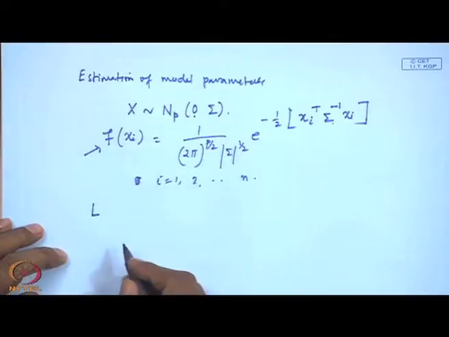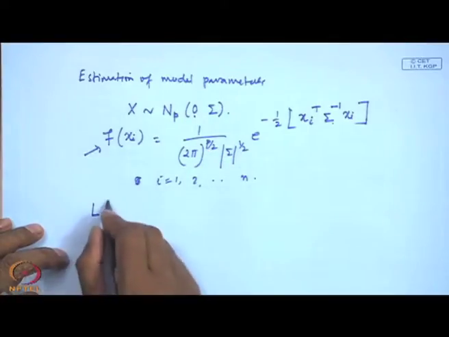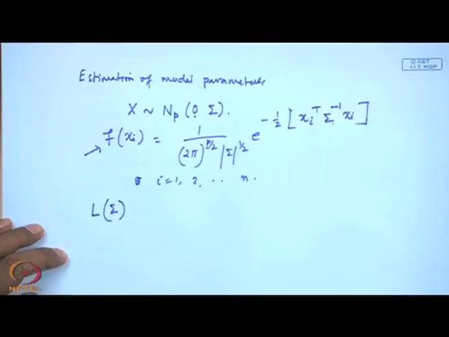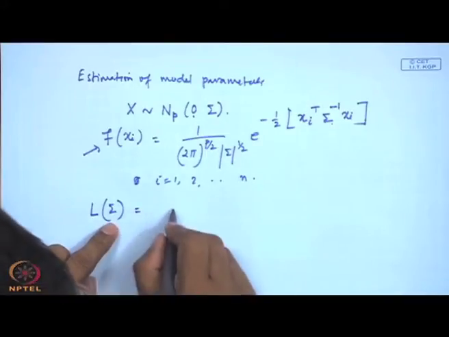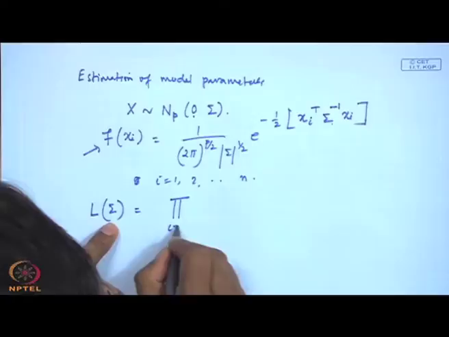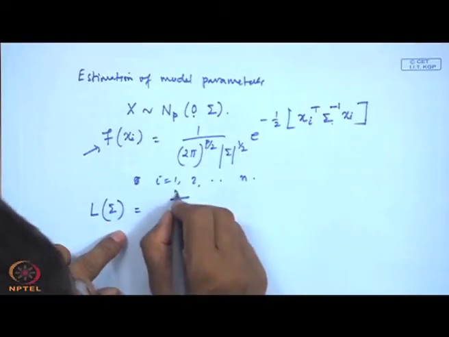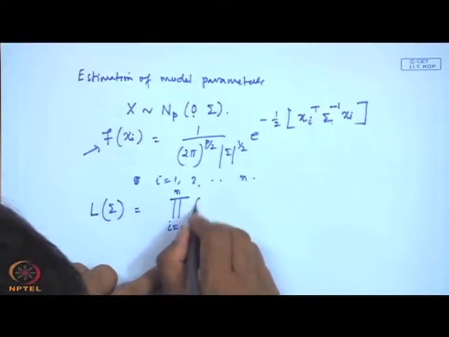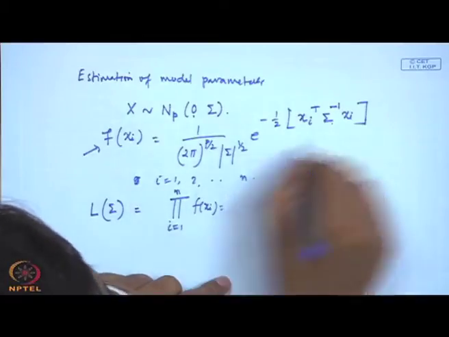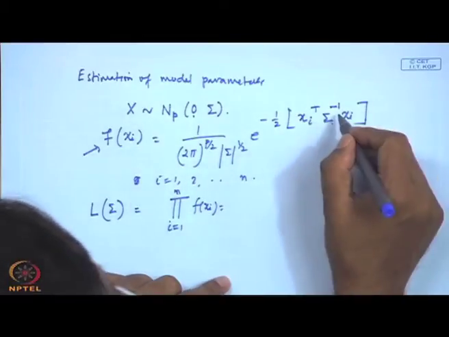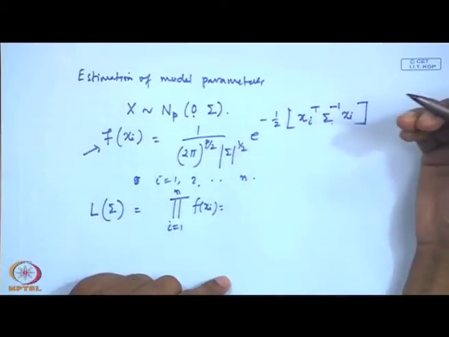So, we can write the likelihood of sigma as the multiplication over i equal to 1 to n of f of x i, for x 1, x 2 up to x n.